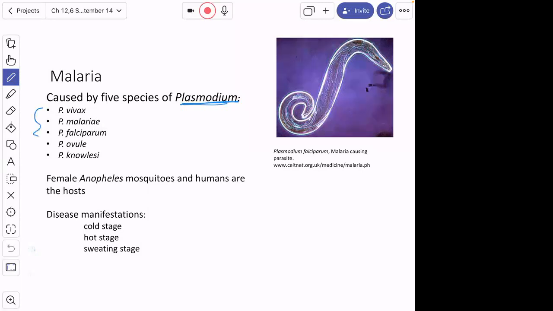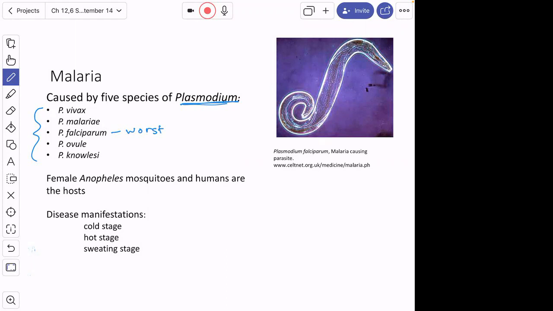And don't memorize these. You should know that Plasmodium name, but the species there, you don't need to memorize. Just know that there is some difference in what malaria looks like depending on what kind of Plasmodium you've been infected with. This is probably the most famous one, Plasmodium falciparum, that causes the most severe disease. It's most prevalent in sub-Saharan Africa.